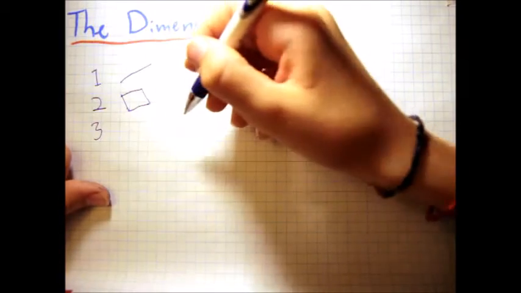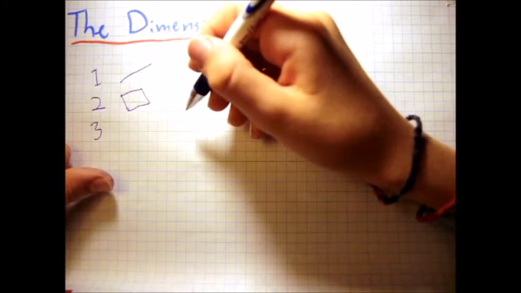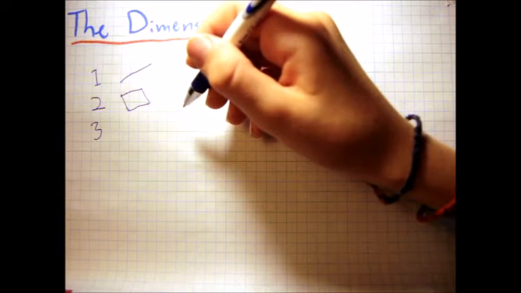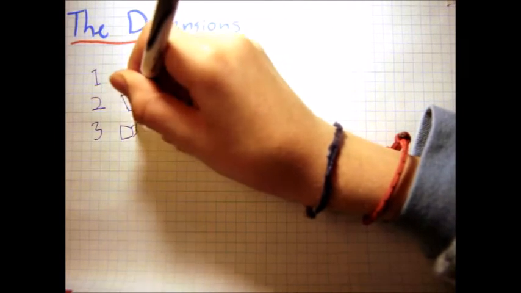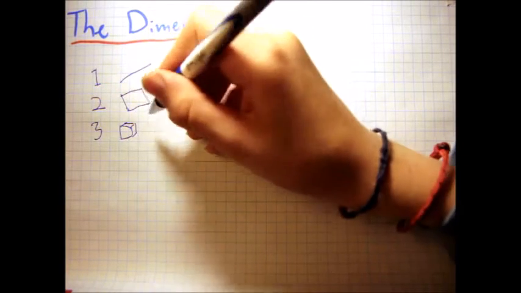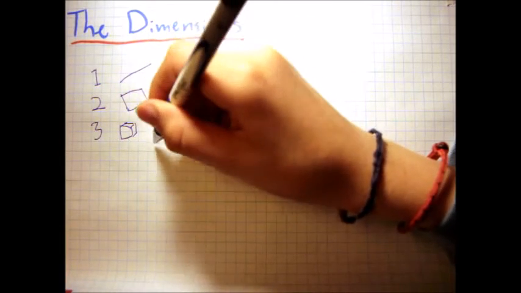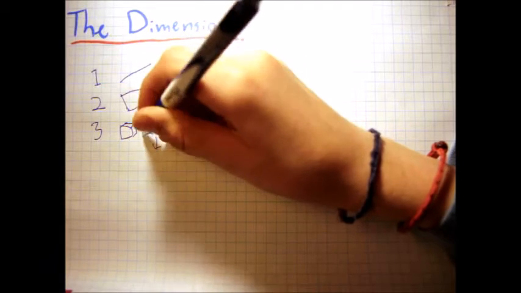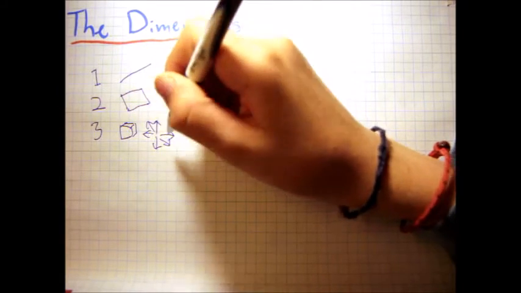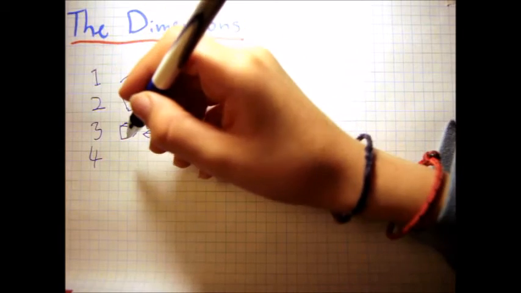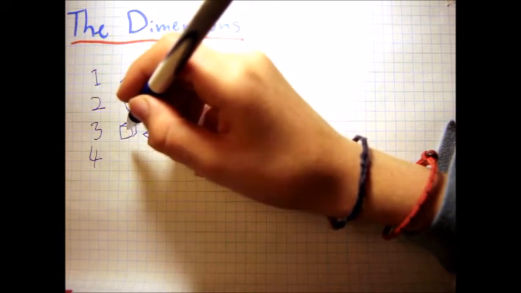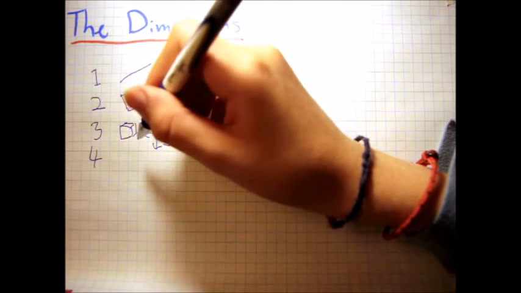The third dimension you're probably familiar with because you're three-dimensional. A three-dimensional object, I'll use a cube to represent it, can move up, down, left, right, forwards, or backwards. Now is the fourth dimension. The fourth dimension is basically time.